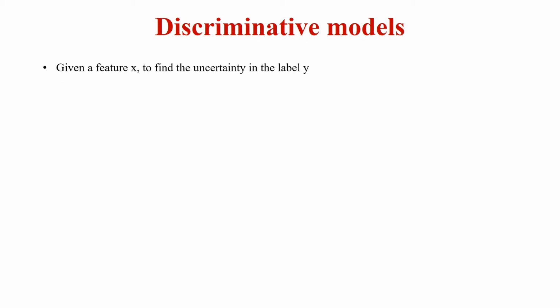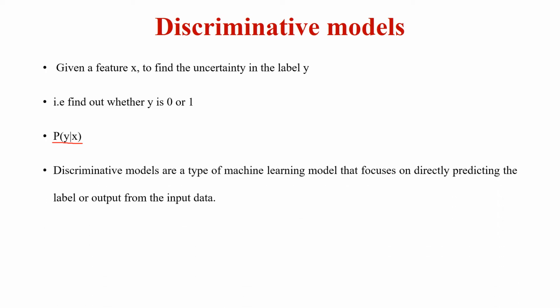So given a feature x, we need to find the uncertainty in the label y. We need to check whether y belongs to class 0 or class 1. It's a very simple notation to represent it. We need to calculate the probability of y where the feature x is given to you.